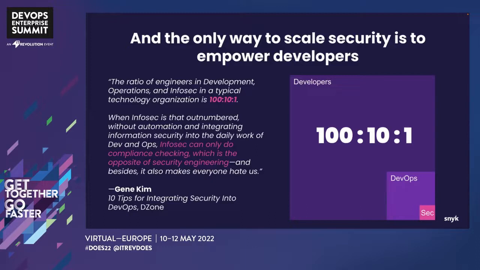But we actually want to shift that responsibility. There are nowhere near enough security experts to be able to handle all of the security alerts and events that might come out of the code for the application or the code for the cloud configurations, for that matter.